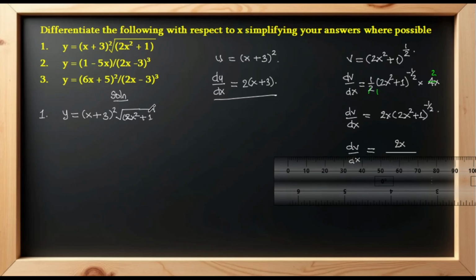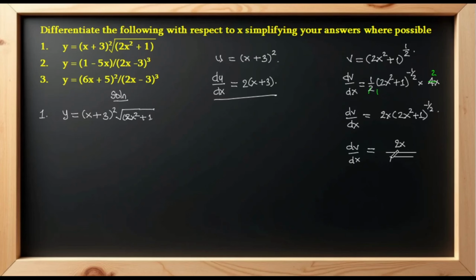So we can go ahead and do that right now. So here we have the bracket 2x squared plus 1 under the root, and that is the derivative of this part containing v.